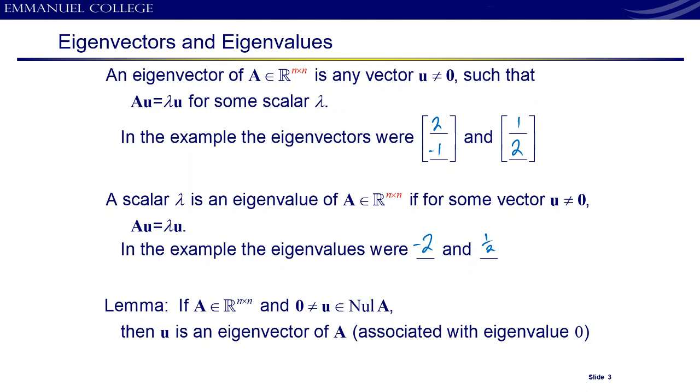Remember, if it's in the null space, that means if you multiply it by A, you're going to get 0. So of course you can have an eigenvalue of 0. But eigenvalues of 0 are kind of boring. Typically they do exist and they are useful. However, they may not be the most interesting thing in the world.